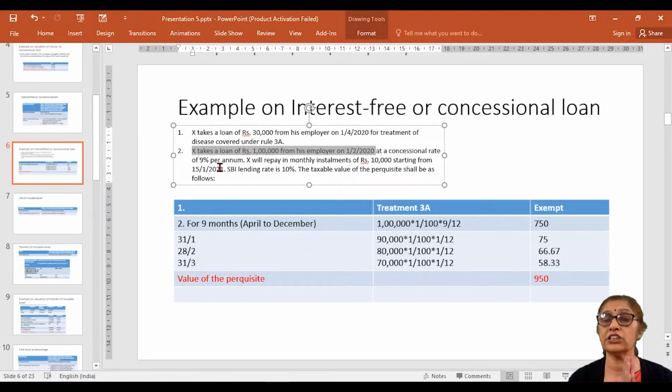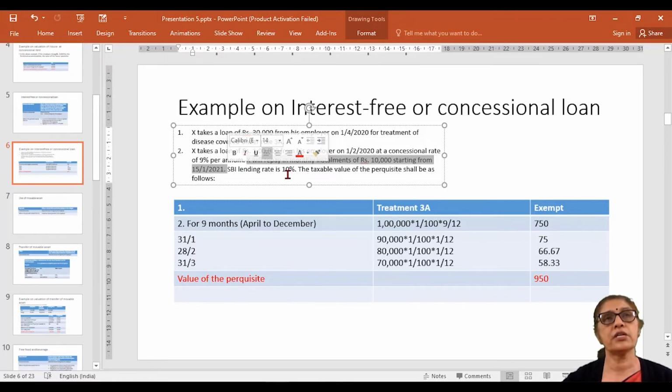Possibly the bank is charging higher than 9, but you are paying 9. And X will repay a monthly installment of 10,000 starting from 15 January 2021. How much? 10,000. So we have to see the outstanding balance on the last day, 31st January.